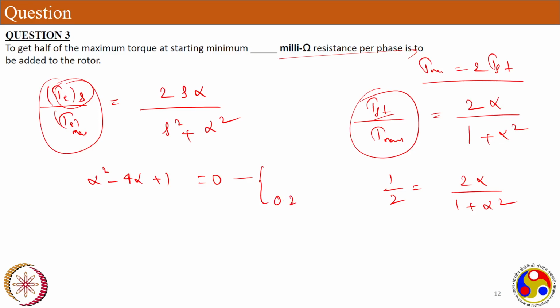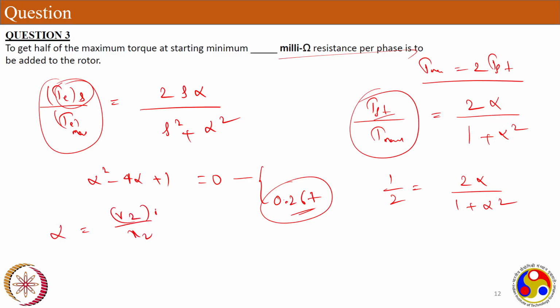So one value we get is 0.267. And now with this alpha, you know the slip at which the maximum torque occurs. But we already know alpha is equal to R2 dash by X2.